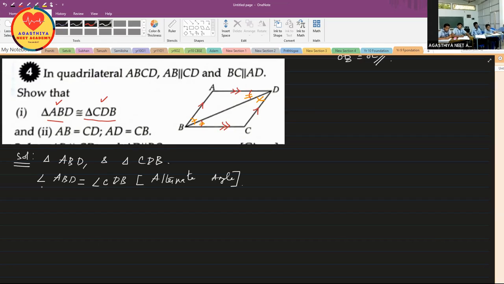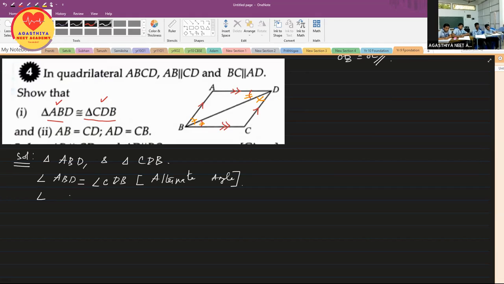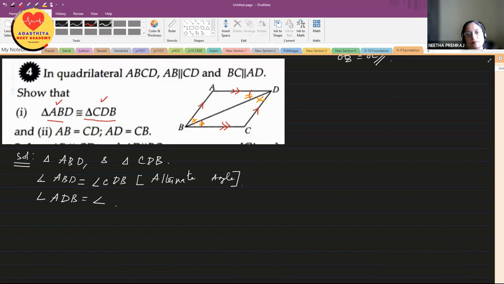Then similarly, angle ADB is equal to angle CBD. The reason again, they are alternate angles, isn't it?